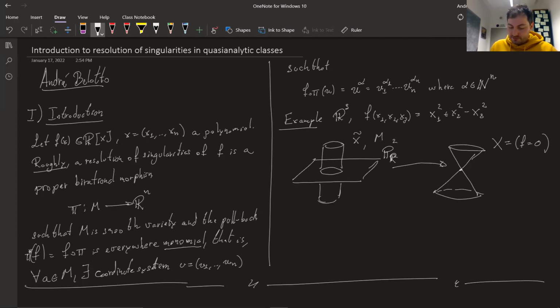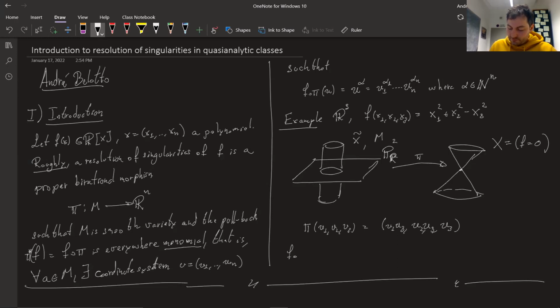Now in coordinates, the application that we're doing here also has some nice coordinates. Of course, we're not looking at the infinity of the projective space, but just in this chart of the projective space, we have nice looking coordinates of the form pi of U1, U2, U3, defined over the entire R3, which is going to be given by U1 times U3, U2 times U3, and U3.